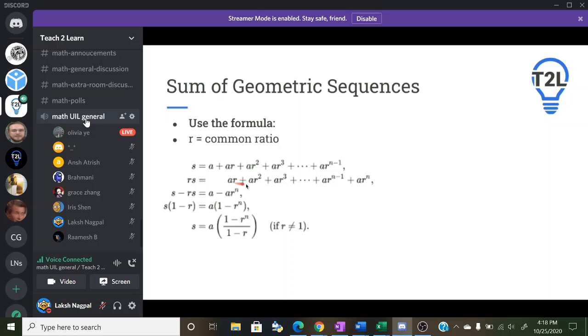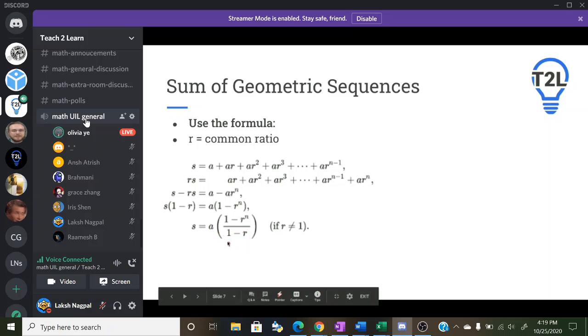Then if we simplify this further, we get S minus r times S, which is equal to a minus a times r to the n. Once you divide that out, you get S is equal to a times 1 minus r to the n, divided by 1 minus r.